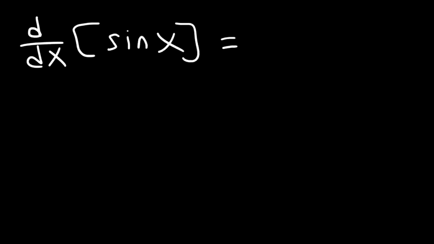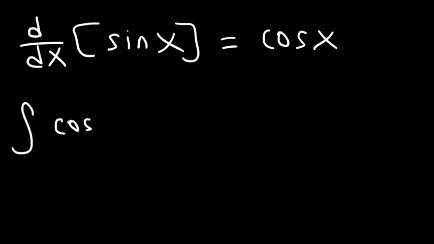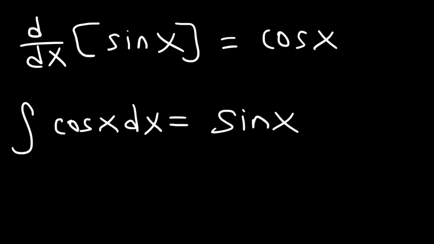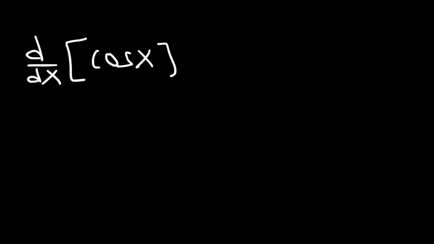Now let's talk about the integration of certain trigonometric expressions. And so if you have a notepad, you may want to write down some notes. Now, recall that the derivative of sine x is cosine x. So therefore, the antiderivative of cosine x dx has to be sine x plus c. Now, the derivative of cosine x, we know it's negative sine x.